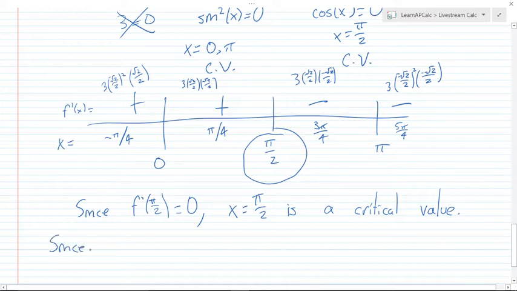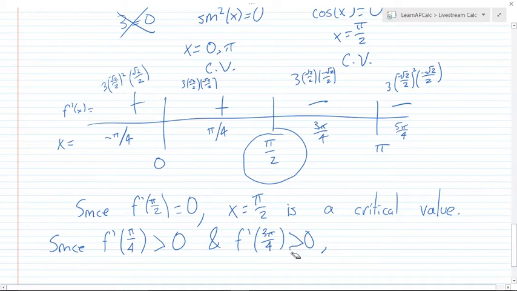Since f prime of pi over 4 is greater than 0, and f prime of 3 pi over 4 is less than 0, I'm sorry.